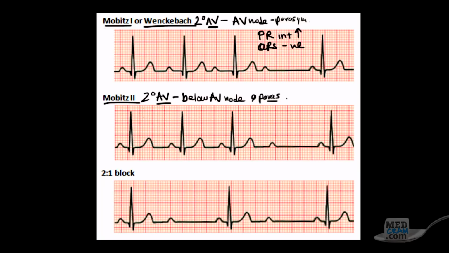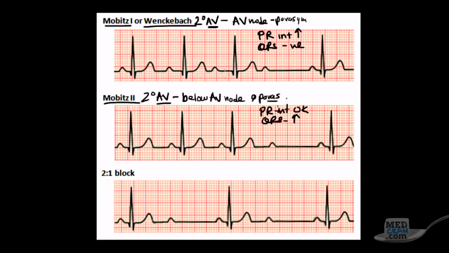As opposed to the Mobitz type 2 second degree AV block, which is below the AV node, it's relatively lower down. And so what you're typically going to see here is the PR interval is going to be okay, but the QRS is typically going to be increased. Now, we don't see that here in this example, but that's just something you want to think about when you're looking at other examples if you want to differentiate.